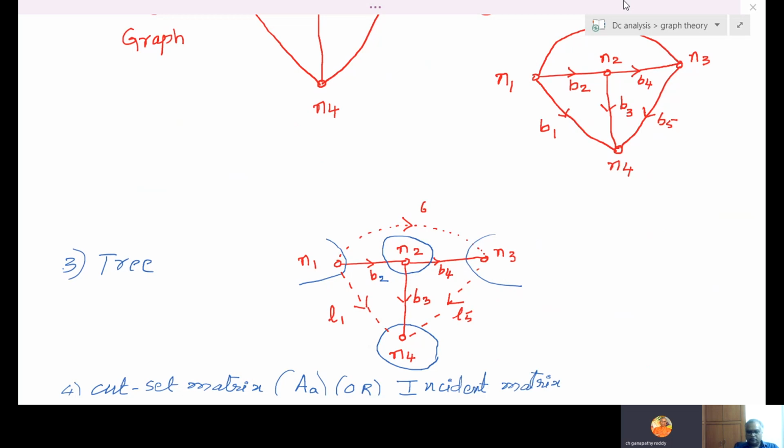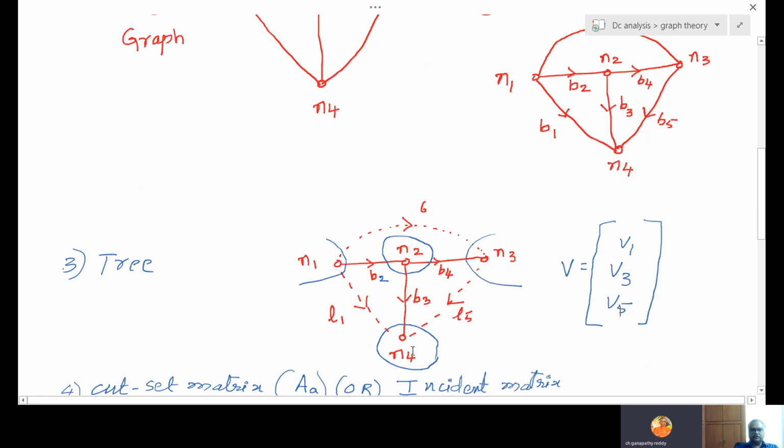So capital V is nothing but V1, V3, V5. Not like link currents. Link currents are capital I1, capital I5, capital I6. Whereas capital V, node voltages.